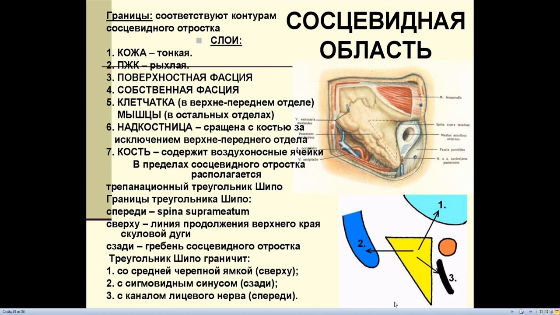And zygomatic diameter, it's a distance between the zygia, the most projected points on the lateral surface of the zygomatic arch from left up to right side.